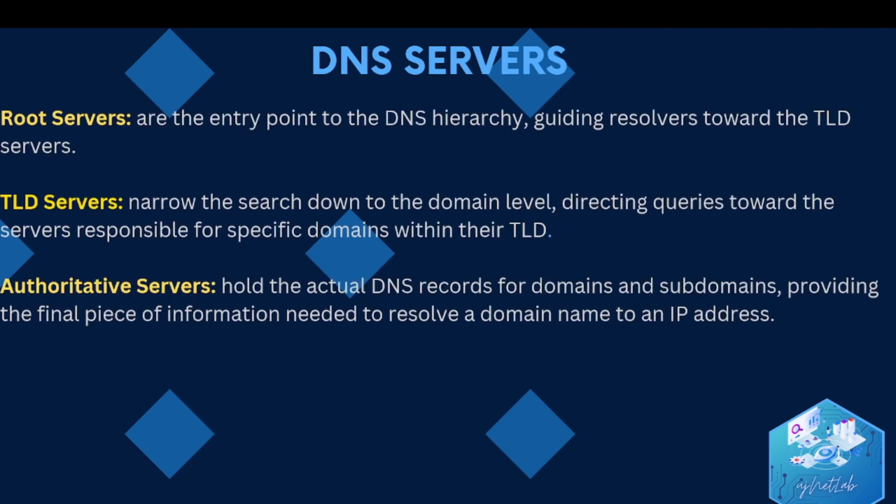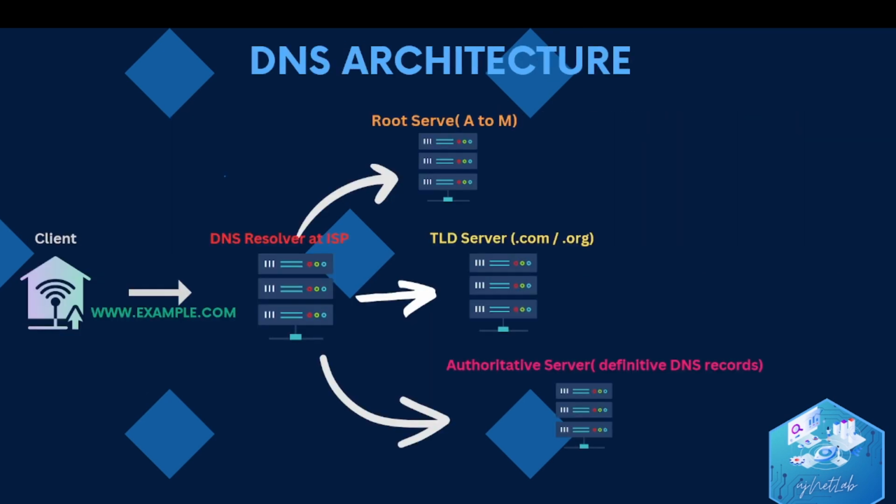I already explained what a root server is: the entry point of the DNS hierarchy, guiding the resolver towards the TLD server. It is the entry point because the client requests to the ISP. When you go into the IP settings in your home network, you will see that the DNS IP is automatically set by the ISP.